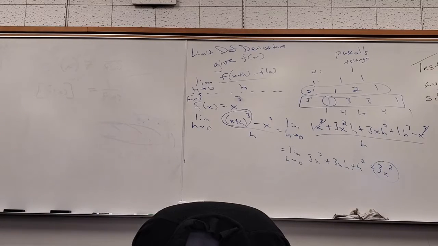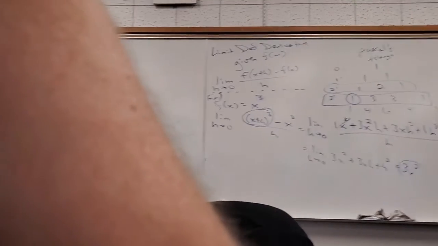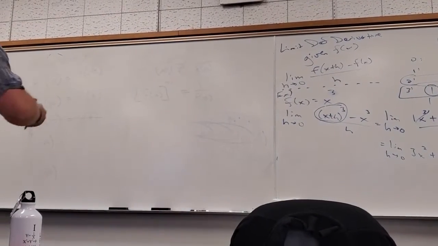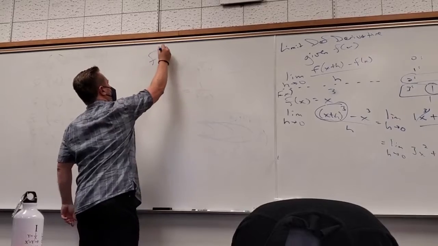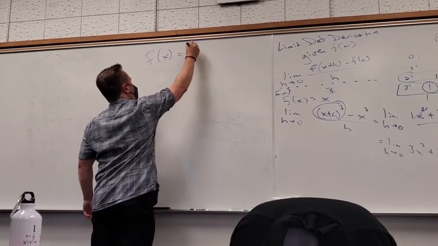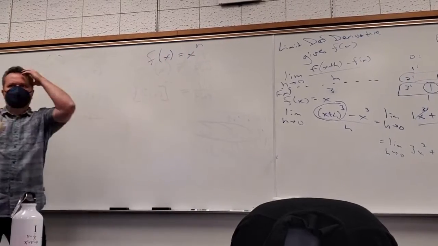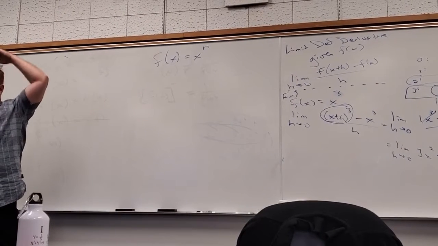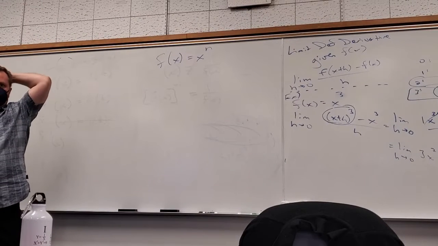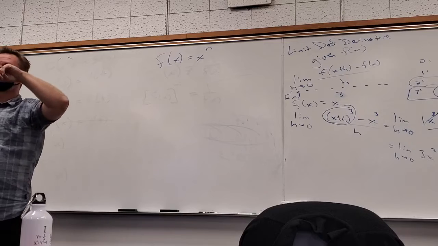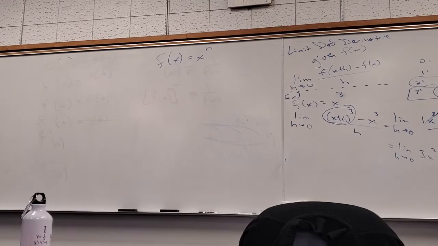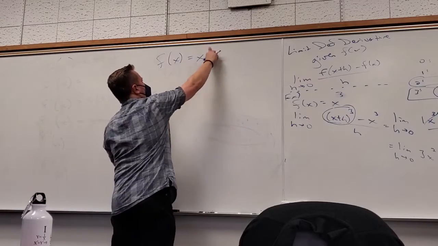Okay, so let's do this one. What if f of x was x to the n? Well, then you bring n down, right, and then you do n minus 1. But we have to prove that.